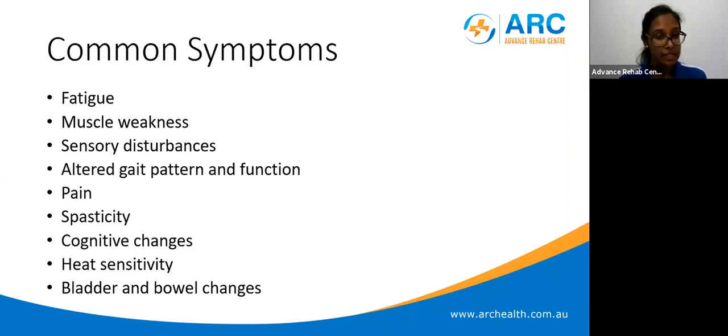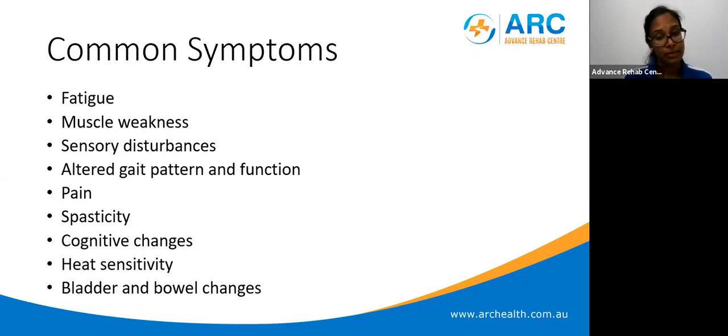Again, it can be managed through a coordinated approach with your neurologist and your physios. It's certainly something to get checked, because it can make your movements less efficient and more energy consuming.